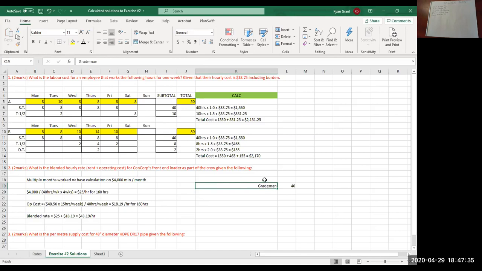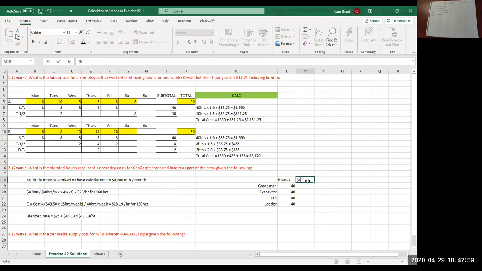So we have an excavator, 40 hours a week. We have labor, another 40 hours a week. And then here's our loader. I want to multiply the loader times 40 hours a week. So this is the hours per week column. This will be the dollars per hour column.